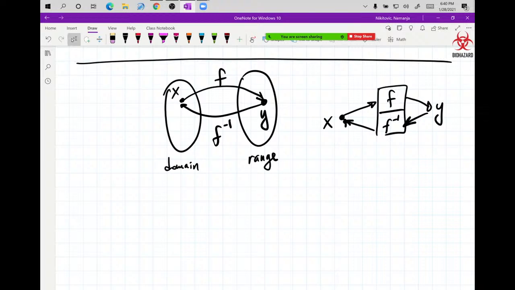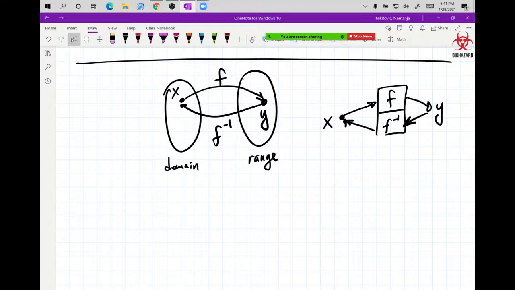Well, that's an inverse function. And if you push the same button again, it brings it back to the original one, because the inverse of the inverse is the original thing. Another application is if you mess up something on a computer, an undo button brings you back to the original state before you changed it, because 100% of the things that you do on a computer are some kind of function applied somewhere. So that's it.